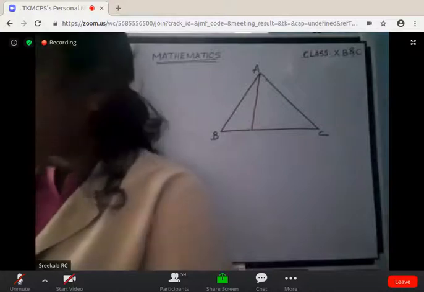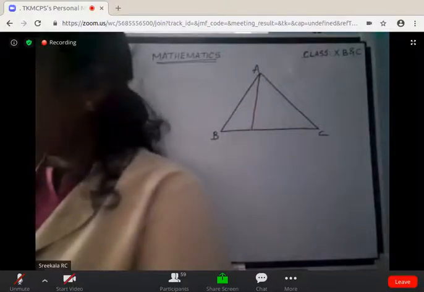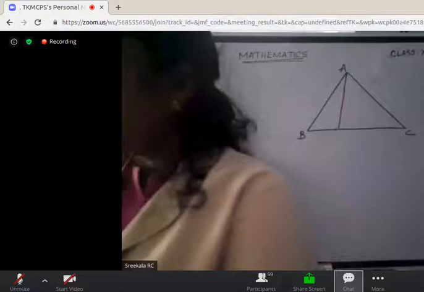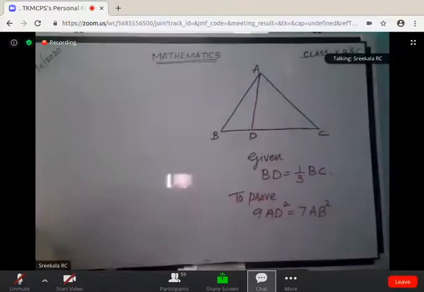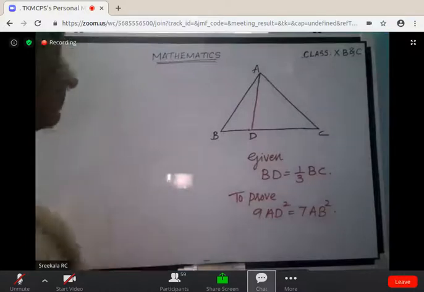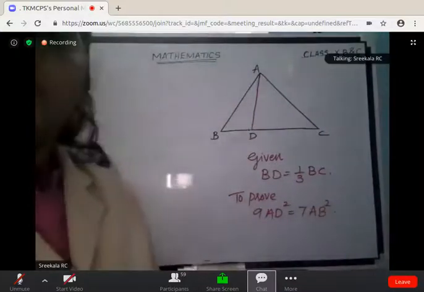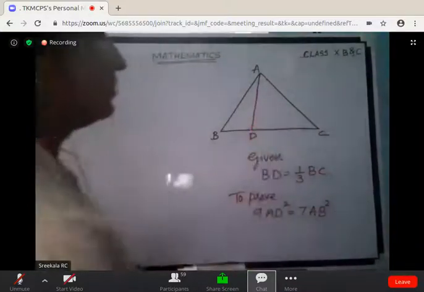BD equal to 1/3 BC. 9 AD square equal to 7 AB square. Here we can't say that this one is the perpendicular.